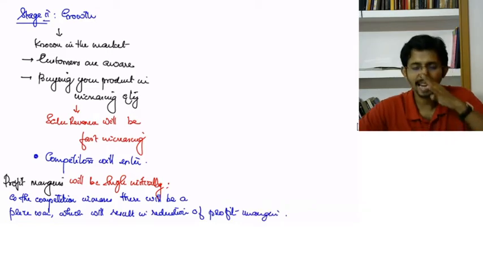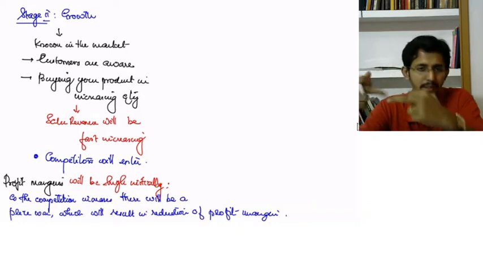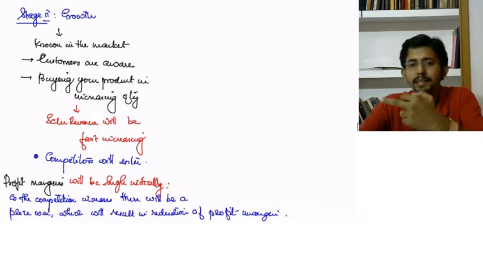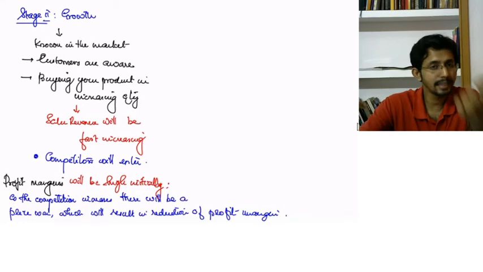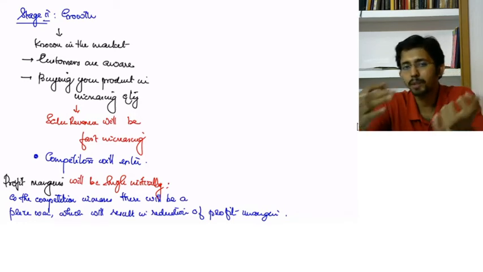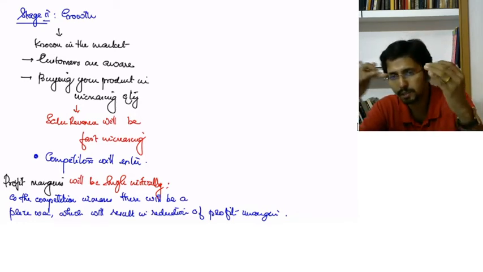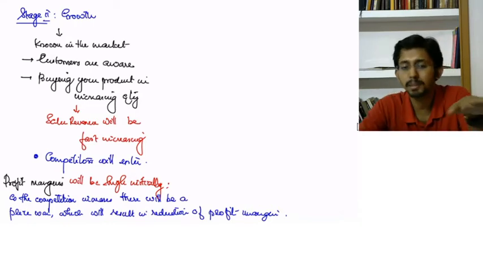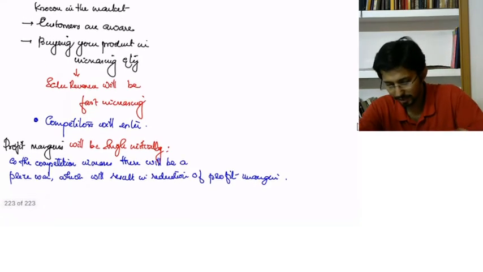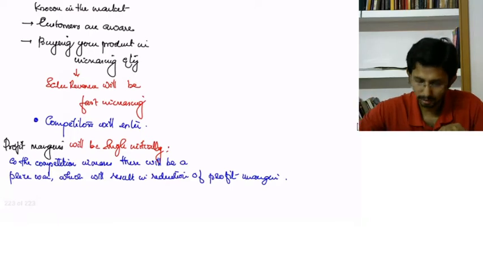So towards the end of this phase, your profit margin will start declining. Why is it declining? Because competitors have come, and initially you had the benefit of charging a high premium. Now it has to come down and stabilize. So the margins have started going down.